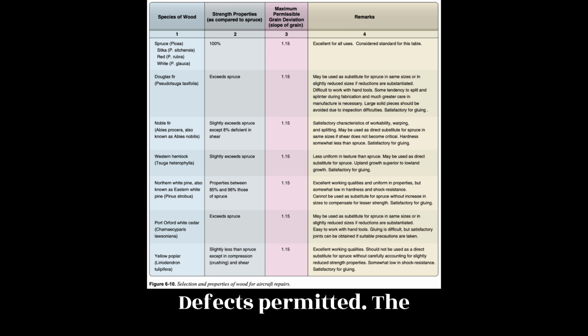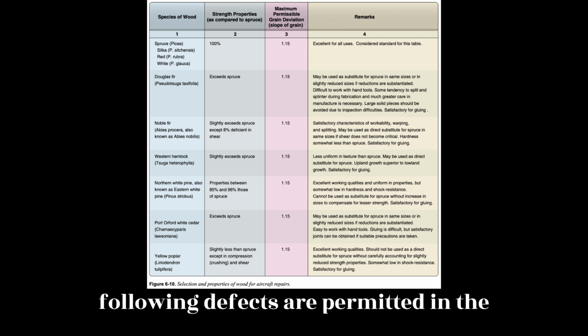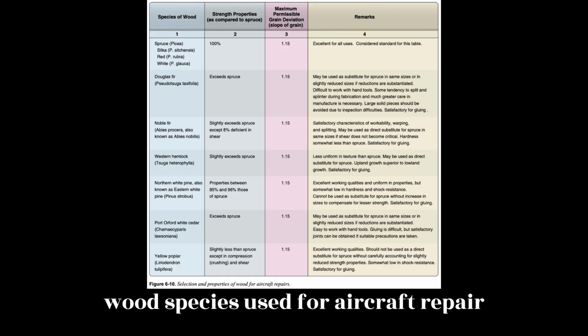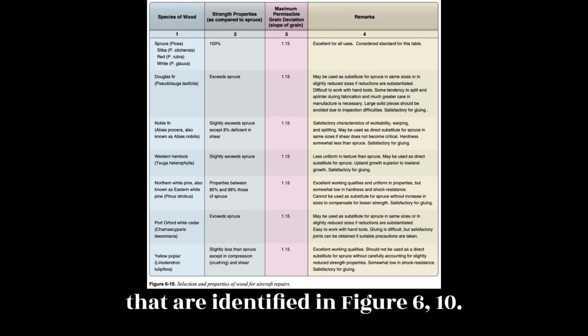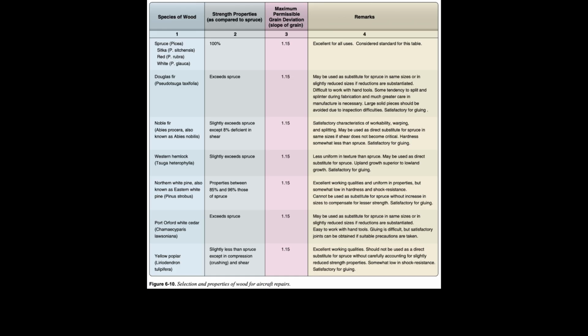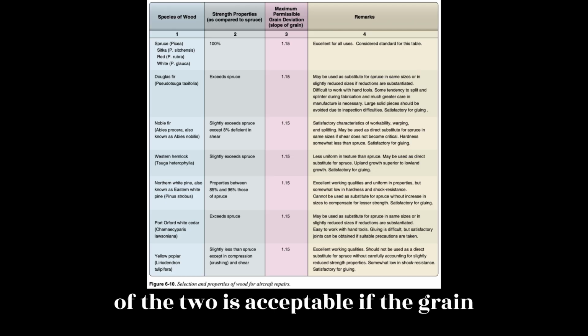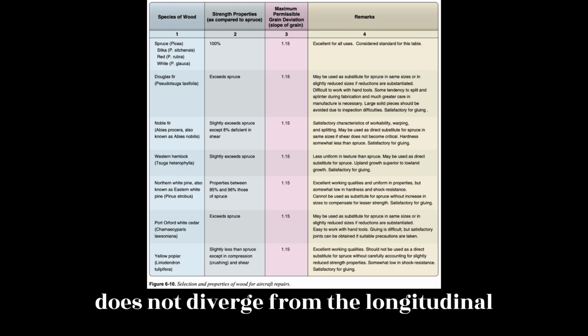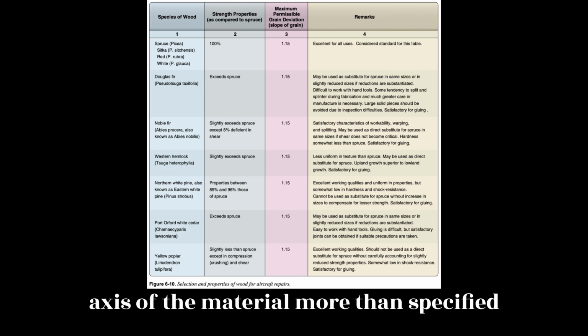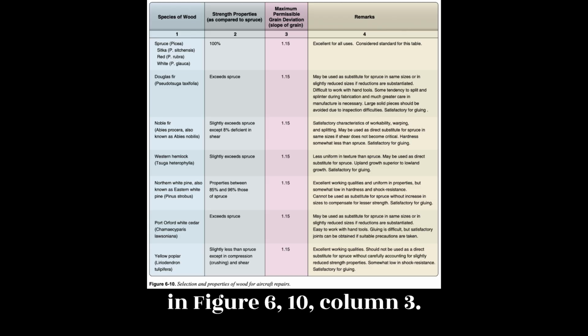Defects permitted. The following defects are permitted in the wood species used for aircraft repair that are identified in Figure 6.10. 1. Cross grain. Spiral grain, diagonal grain, or a combination of the two is acceptable if the grain does not diverge from the longitudinal axis of the material more than specified in Figure 6.10 column 3.